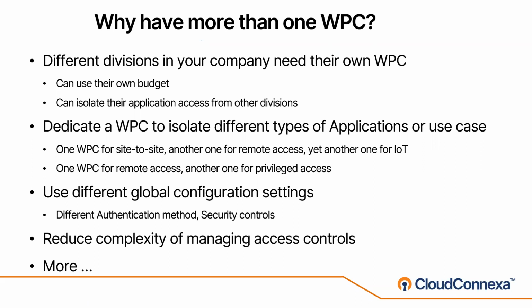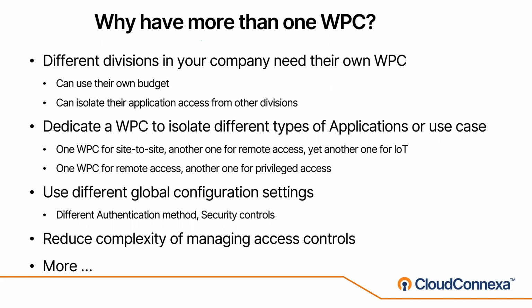One is, let's say your company is a large one. There are multiple divisions. These divisions operate almost like a standalone company. They do not really interact with each other's applications, and they manage their own budgets. They want total control of their budget and applications.